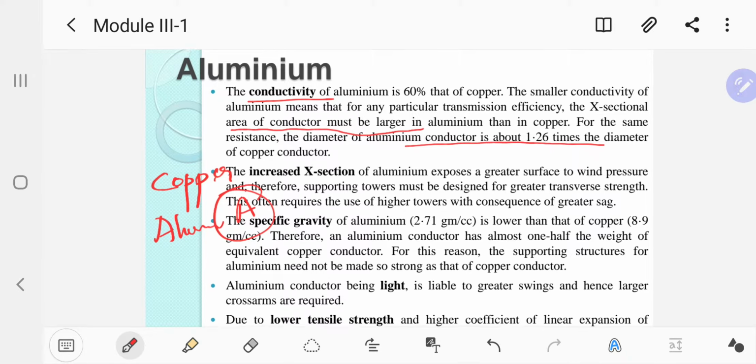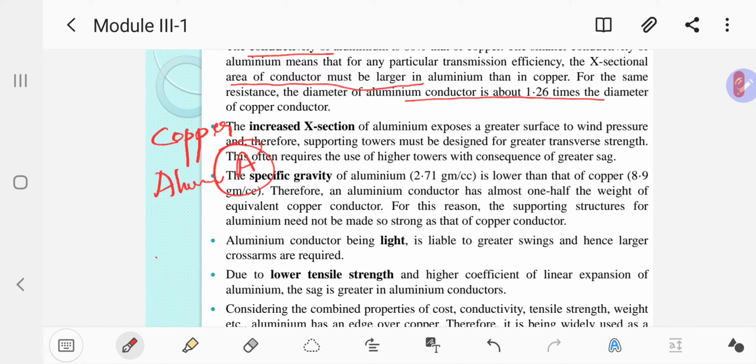Because of this increased cross sectional area, it is exposed to wind, and the wind stress is very high. So that is the second disadvantage when compared with copper, but it is still better when compared with other conductors. Let's move on to the next one, the specific gravity.